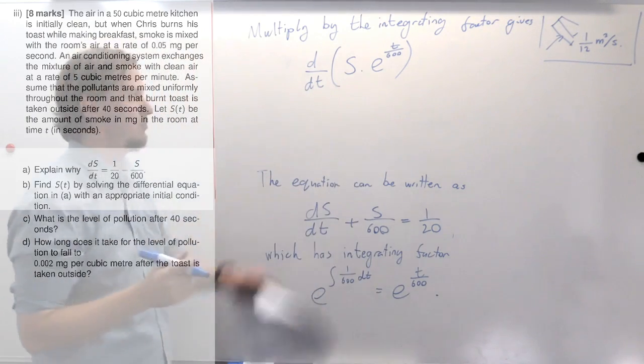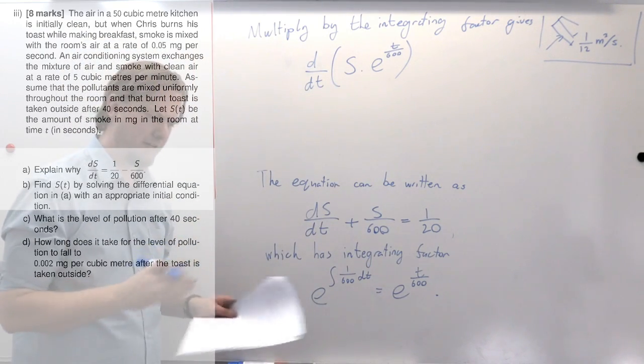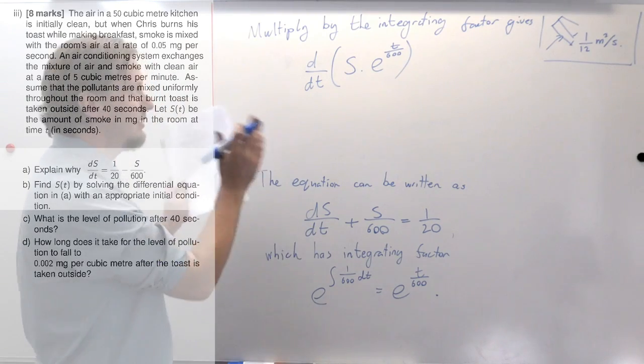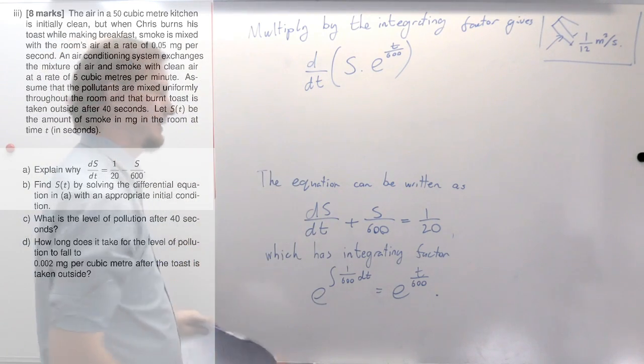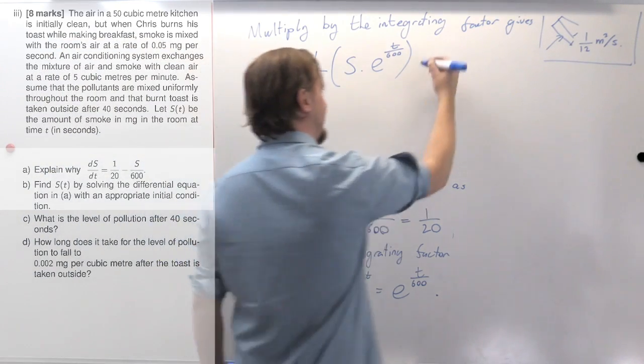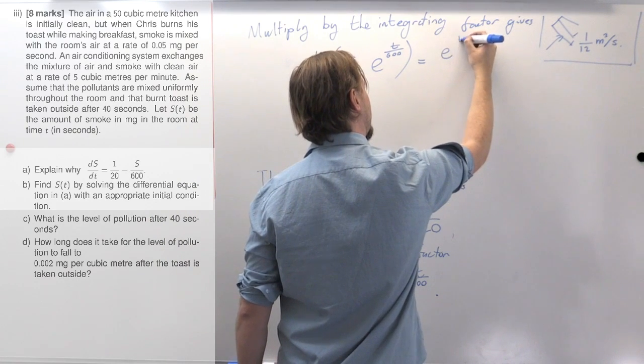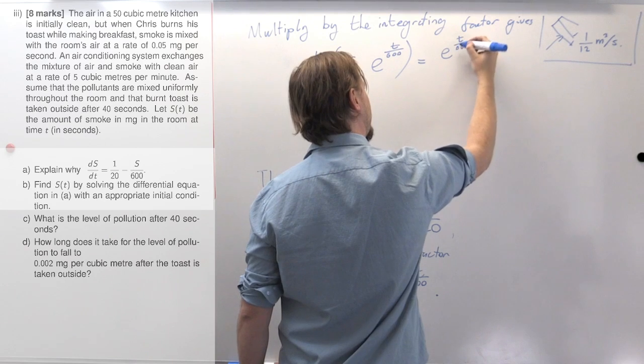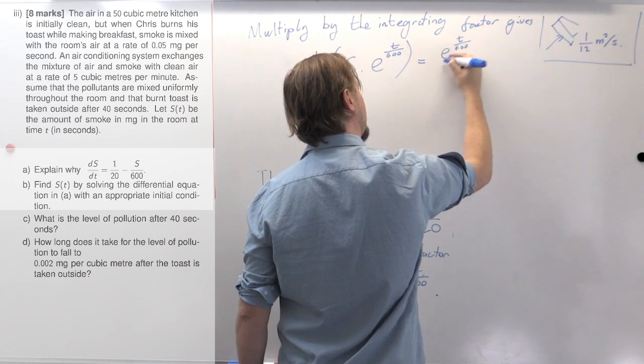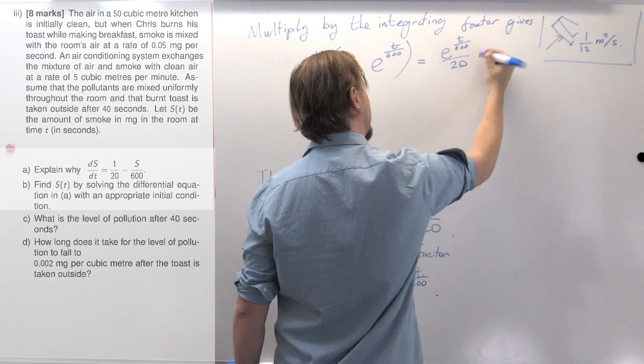So that's what happens when you multiply the left-hand side. You can verify it by taking the derivative, but you should know that when you multiply, that's what you get. And on the other side, we get e to the t over 600 over 20.